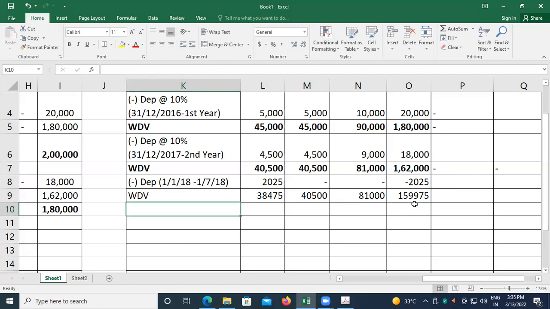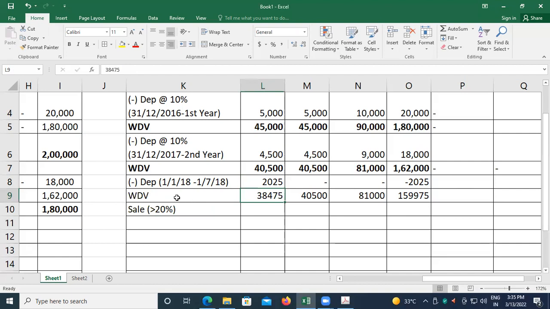Now they are telling that we are selling this asset. So the sale is happening here. And remember, this sale is more than 20% of the book value. Greater than 20%. So now we know the book value of the first part of the asset is 38,475, right? So 40,500 minus depreciation charged for 6 months, that is 2025.